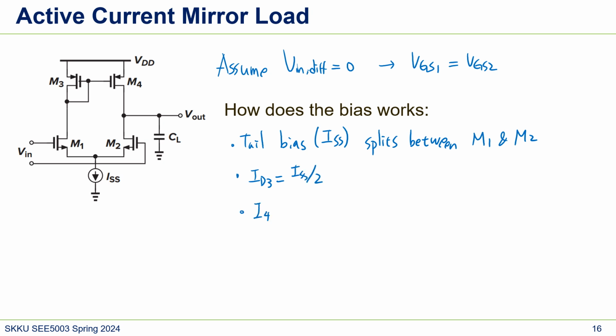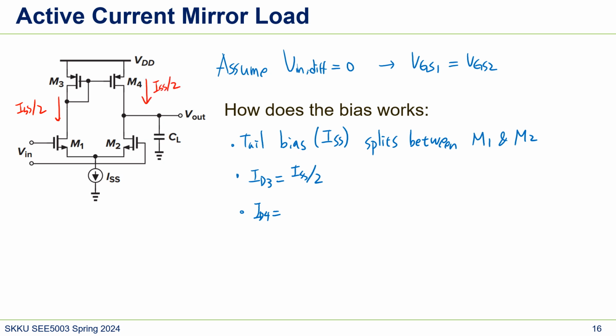Because ISS over 2 flows here, it can set the bias value here. It's a current mirror, so in M4 there will also be ISS over 2 flowing. So ID4 is also ISS over 2.